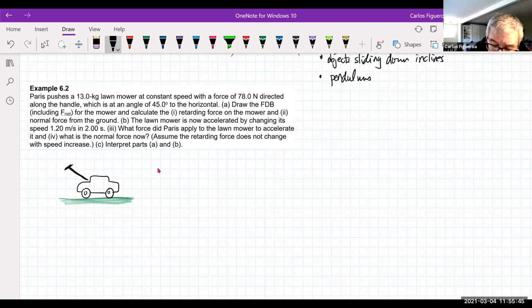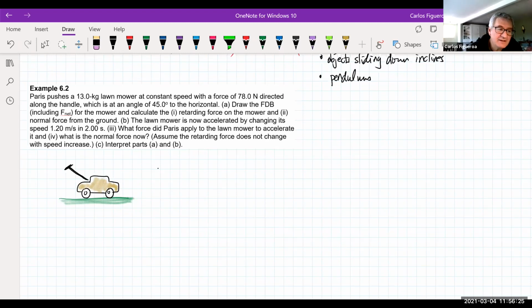So when I'm looking at this mower right here, what I'm really seeing is a force being applied on the handle. So when I'm thinking about what Paris is doing here, she's actually applying a force in this direction here. Now, I gotta be really careful with the language here. Do you really push down on a mower, or are you pushing straight on a mower?